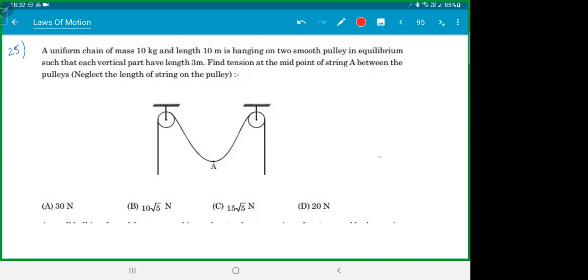Vertical part has length. Arey, you guys are from English medium school only, right? I'm sure in English medium, what is vertical? Now you tell me, is this vertical? This is vertical. Do you see anything else vertical here? Yes, but in case you are from Marathi medium, I can totally understand. So I won't blame you guys. But I'm damn sure all of you are from pretty good English medium schools.